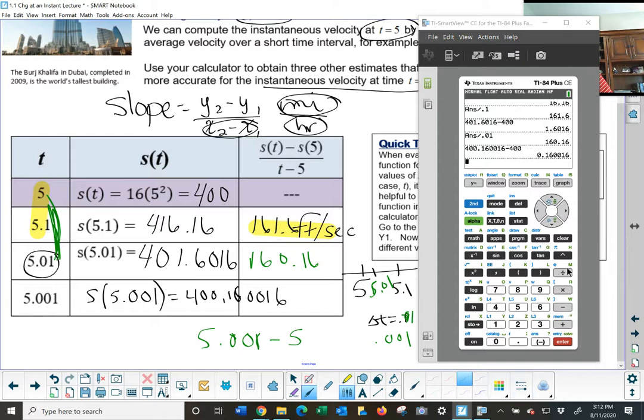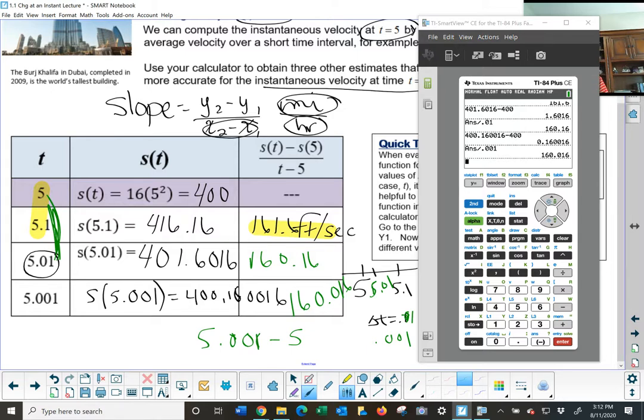So I'm going to divide by 0.001. And I'm getting 160.016 feet per second.